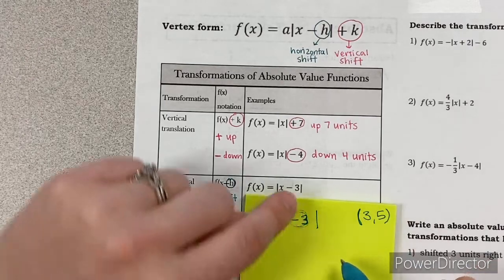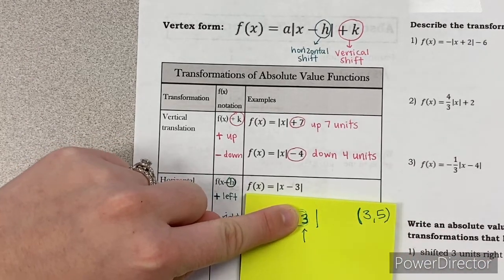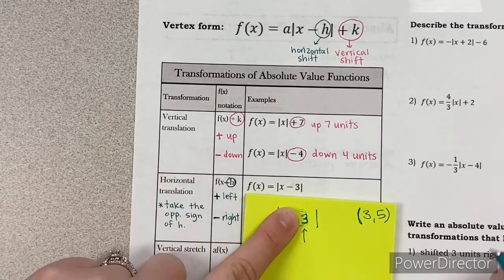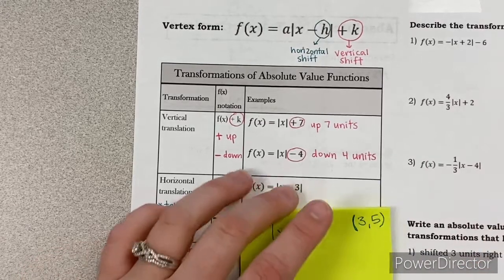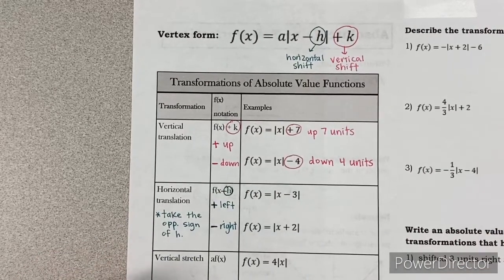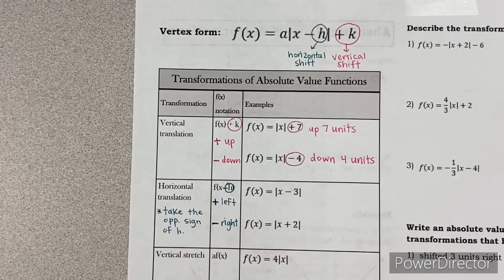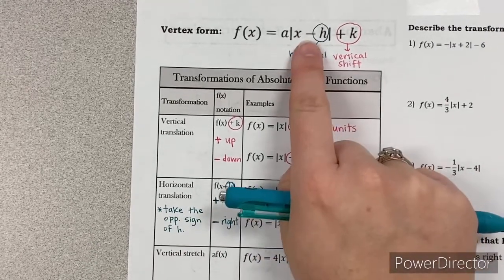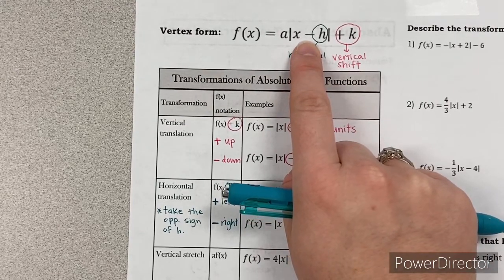Well, this minus sign was built into my equation, so I'm actually just looking at this +3, which is going to be moving to the right because it was positive. It was positive over here. We're going to do a lot more work with it, but really the thing that you have to remember is we have to take the opposite sign of H. And the reason is because this minus sign is built into your equation.